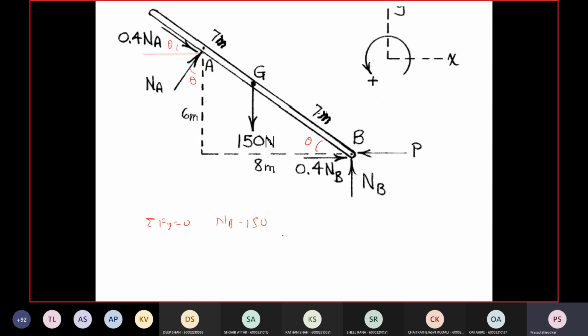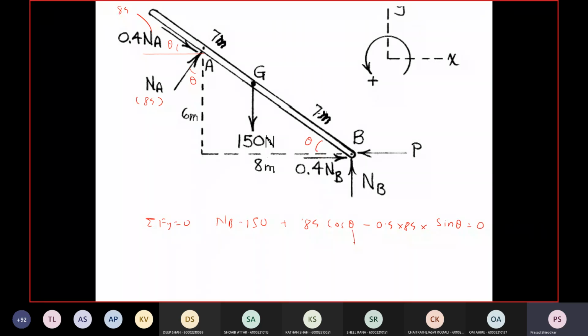So NB minus 150 plus NA, which is 84, cos theta, and the vertical component of 0.4 NA, which will be in the downward direction, so minus 0.4 into 84 sin theta is equal to 0.